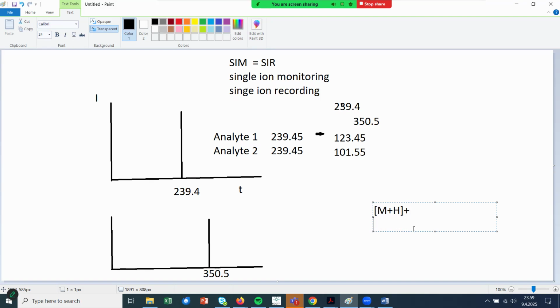But if we perform the ionization in negative ionization mode, we could get deprotonated quasimolecular ions, M minus H minus ions. Something has been added or something lost, but basically it's still quite close to the original molecule, so it's not a fragment ion.